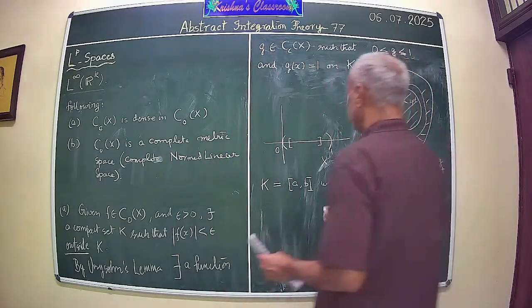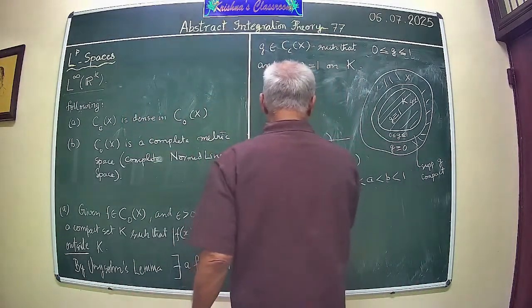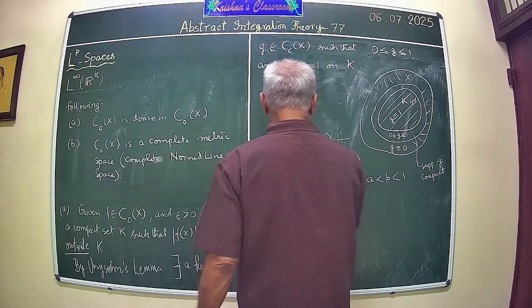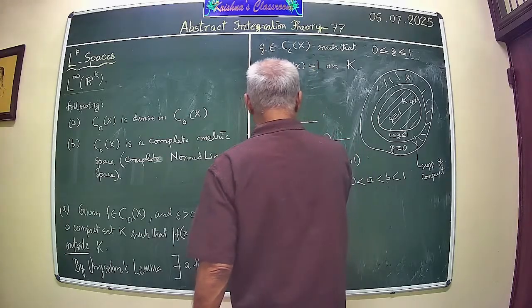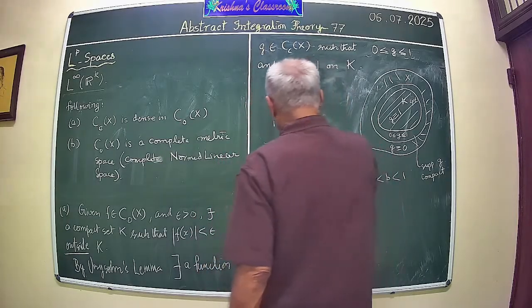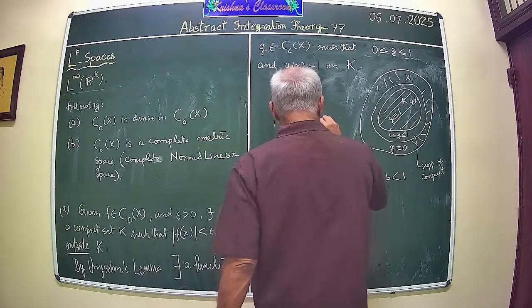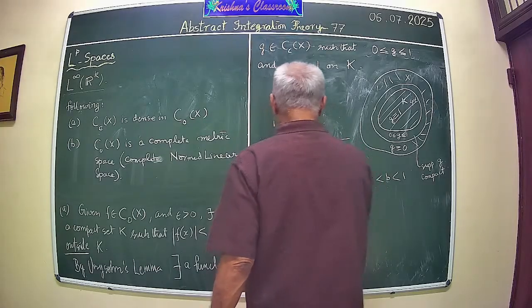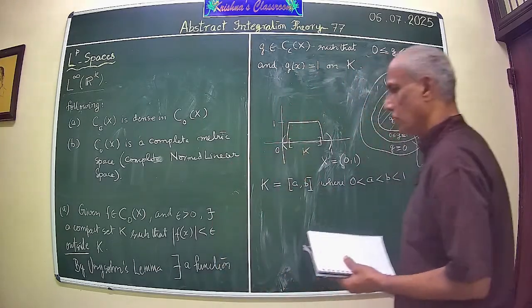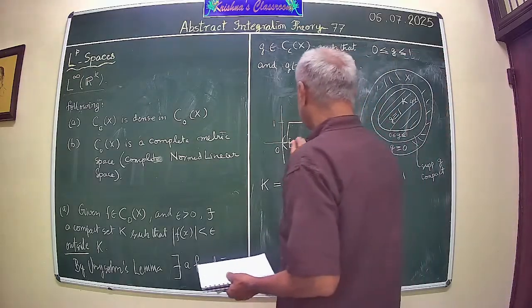Now the g that you define is as follows. On K, you find g to be equal to 1, and then it is continuously patched up on either side toward x tending to 0 and x tending to 1.